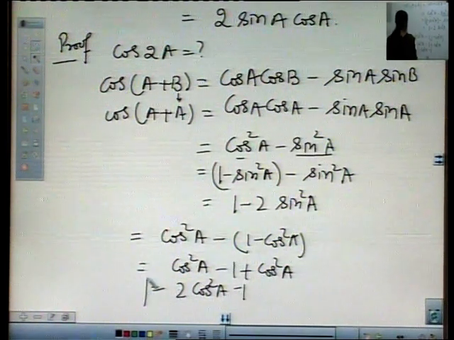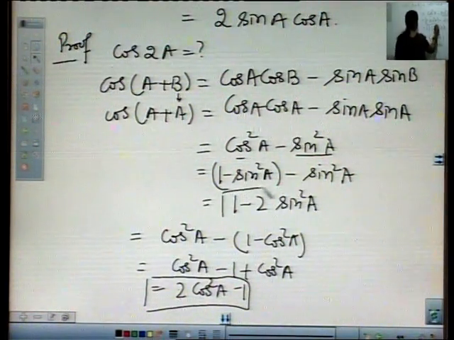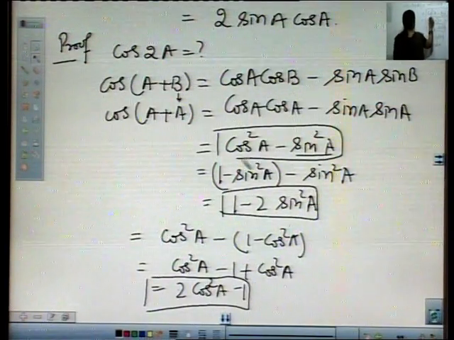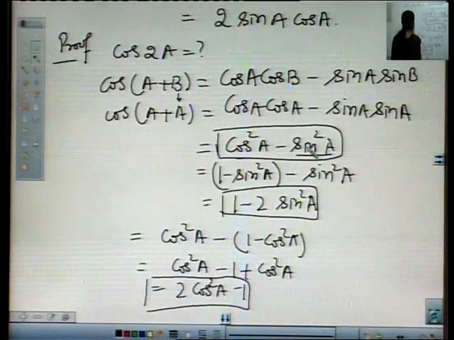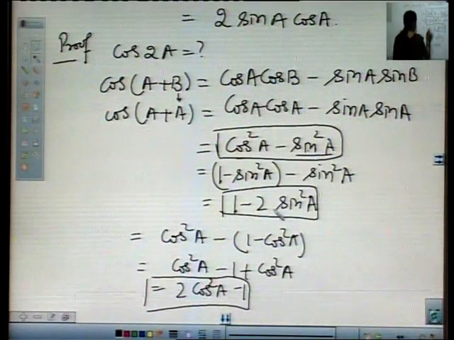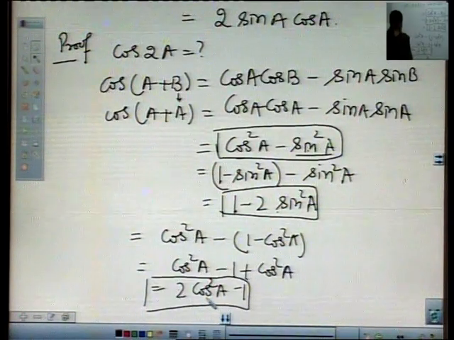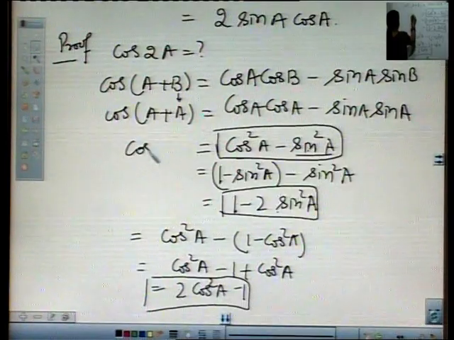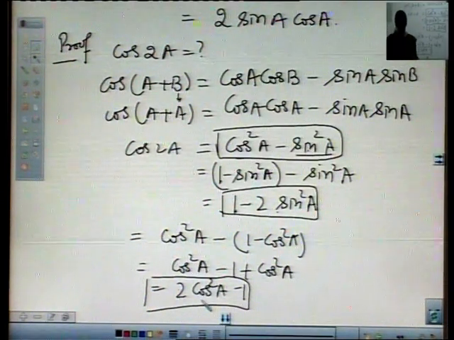So, we get three formulas for cos 2a. One is cos square a minus sin square a, another is 1 minus 2 sin square a, and third one is 2 cos square a minus 1.